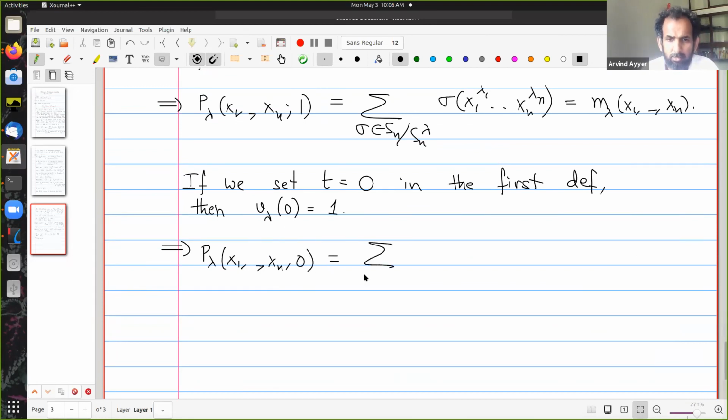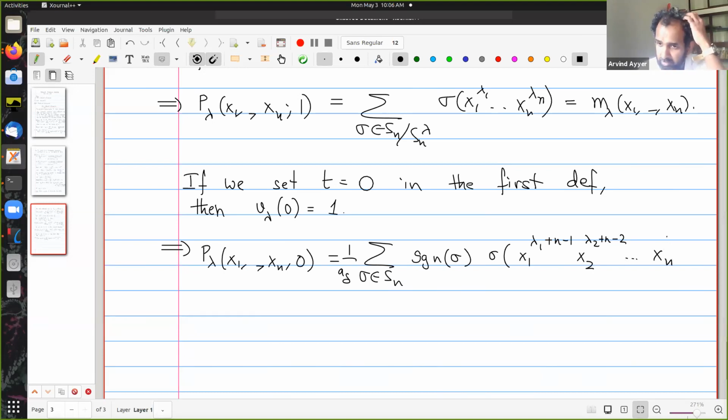So I get the sum over sigma in Sn. And let me take the 1 by a delta outside. Sign of sigma, then sigma acting on x1 to the lambda 1 plus n minus 1, x2 to the lambda 2 plus n minus 2, all the way up to xn to the lambda n plus 0.